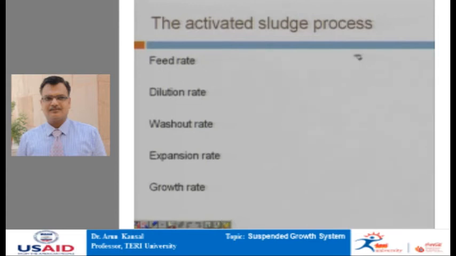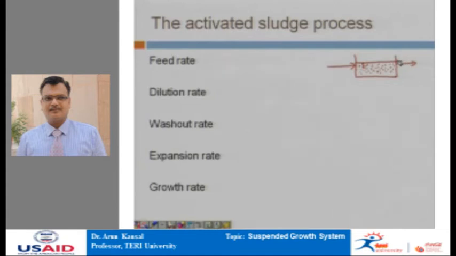Typically, the activated sludge process consists of a tank filled with wastewater, where the wastewater or sewage enters and leaves this tank, and within this tank we have a very high concentration of microbial biomass, and the incoming wastewater gets attacked by these microorganisms for the consumption of BOD.